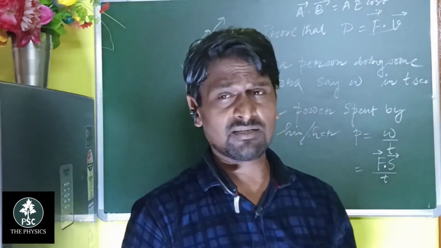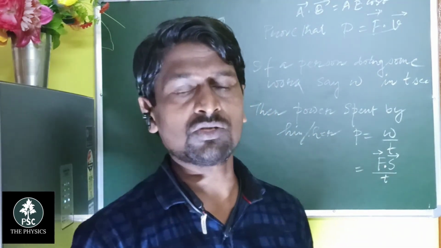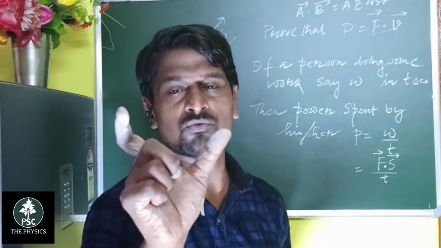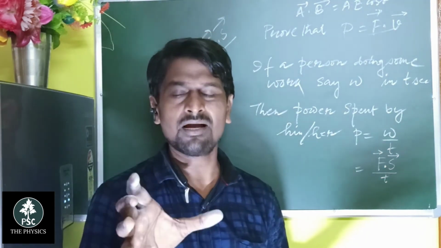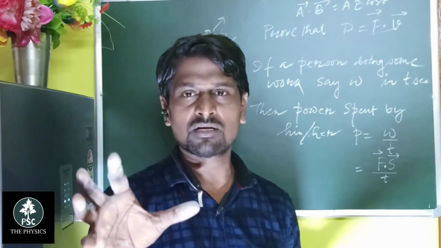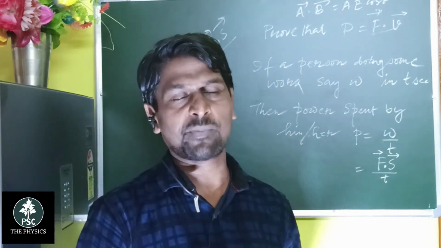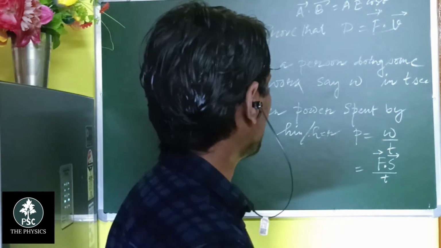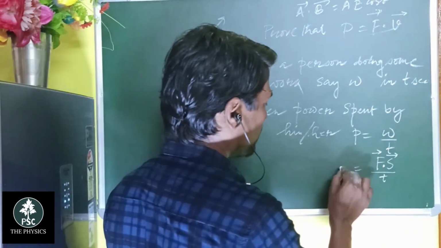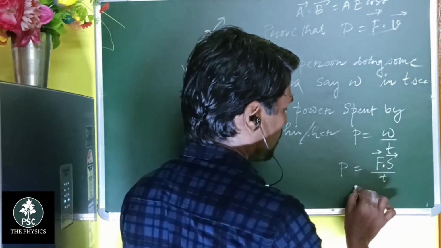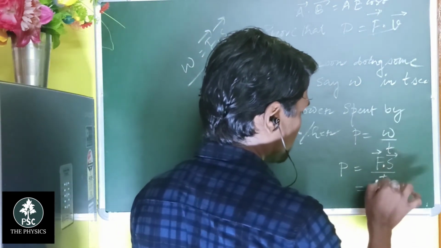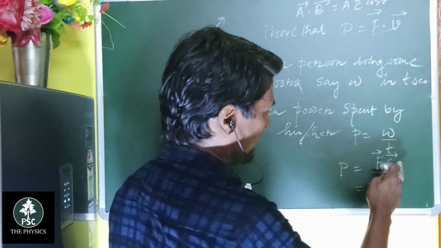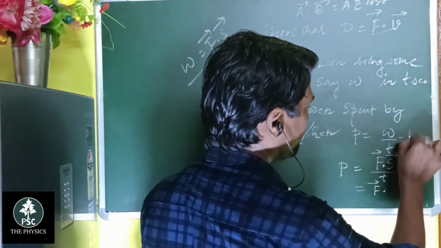Within the IIT foundation course, there will be vector and scalar chapters, and all the concepts related to vectors I explain within a particular chapter. Then it will be better for you. So power is equal to F dot S by t, and F dot S is Fs cos theta.